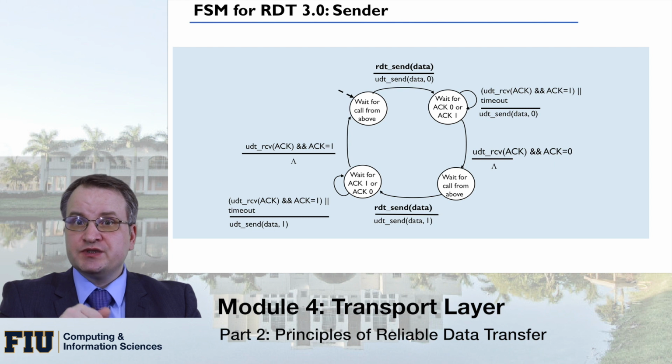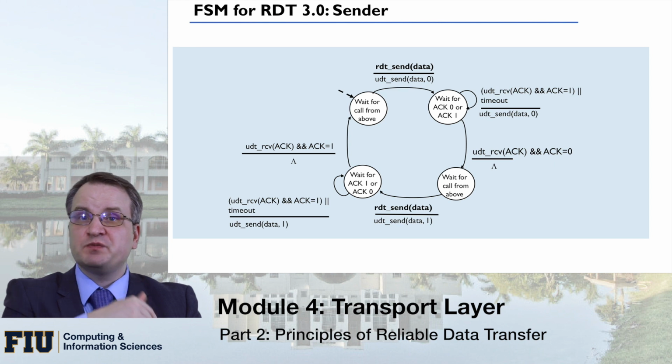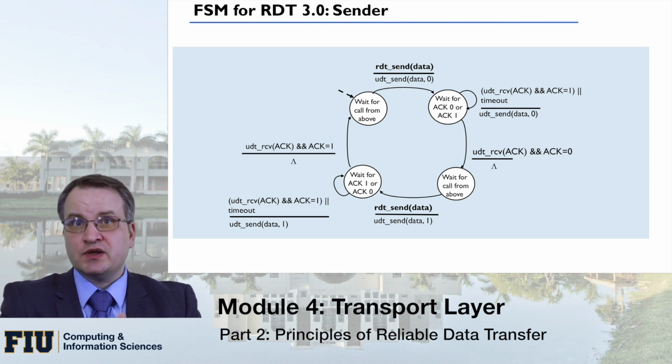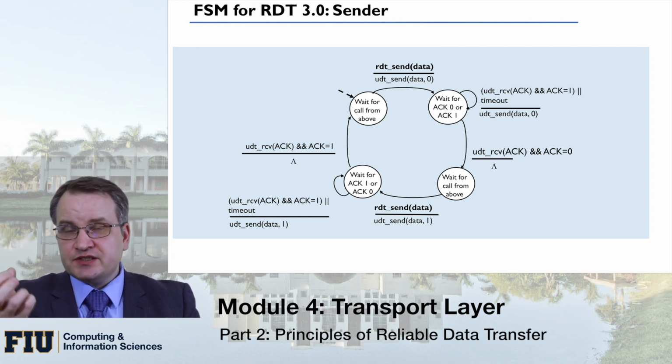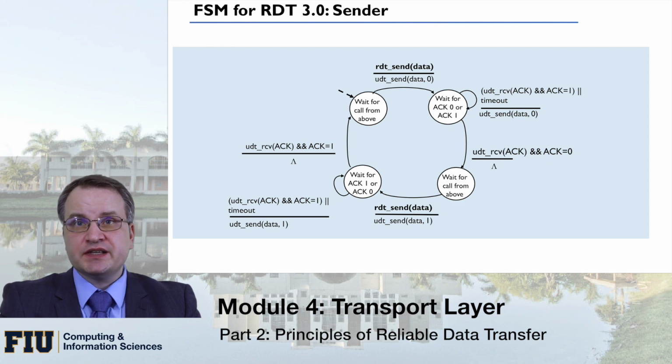If you receive the acknowledgement for sequence number 1, which is the acknowledgement for the previous sequence number, then you assume there's some kind of error, so you retransmit the packet and keep waiting. There's an additional thing mentioned on the slide, which is this timeout. This timeout is effectively a discard element to ensure that you will retransmit if something really bad happened in the network.